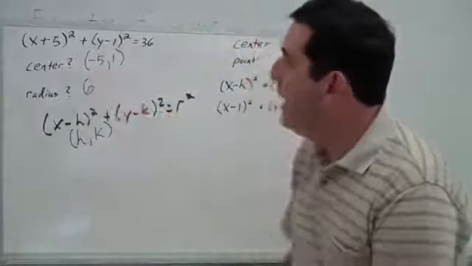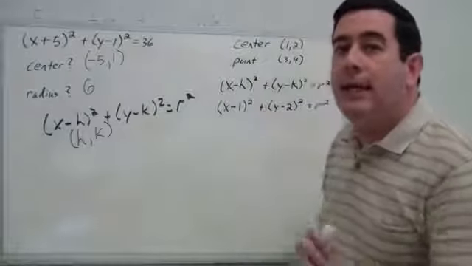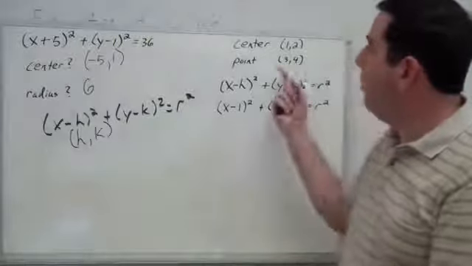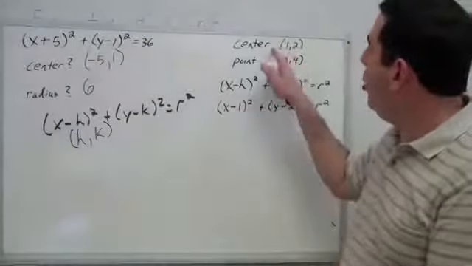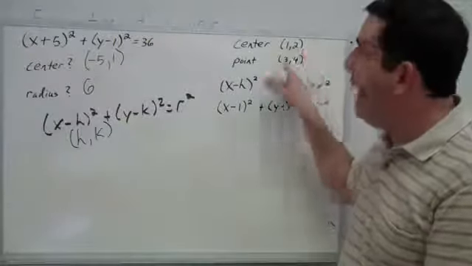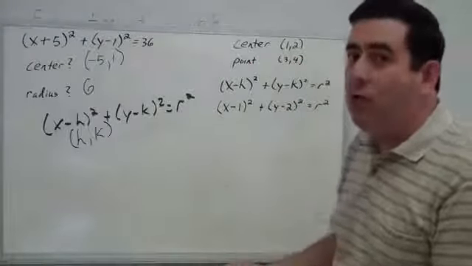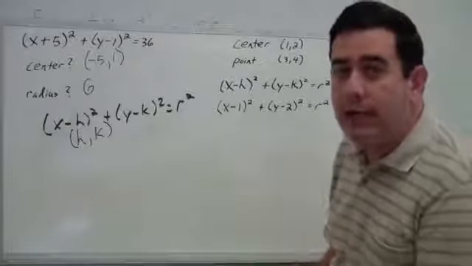Perhaps the hardest kind of problem that you'll face is when you're given the center and a point, like the one here. I've been told that the center is (1, 2). I know a point, (3, 4). Now, I don't, at this point, know what the radius is.